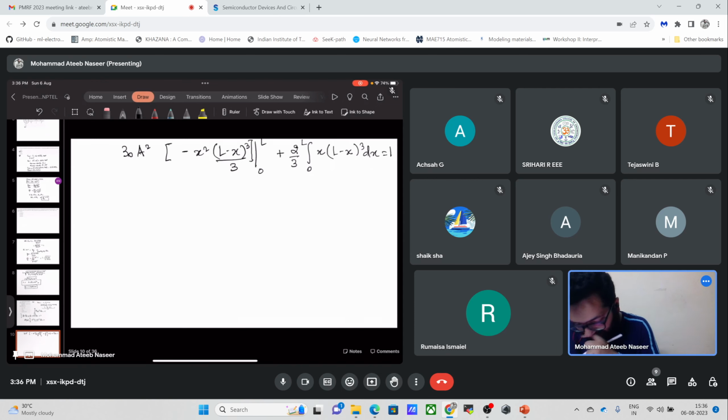If we put x equal to L, this thing will be 0, and if we put x equal to 0, this thing will be 0. So between the limits 0 to L, this term on the left-hand side is simply equal to 0.